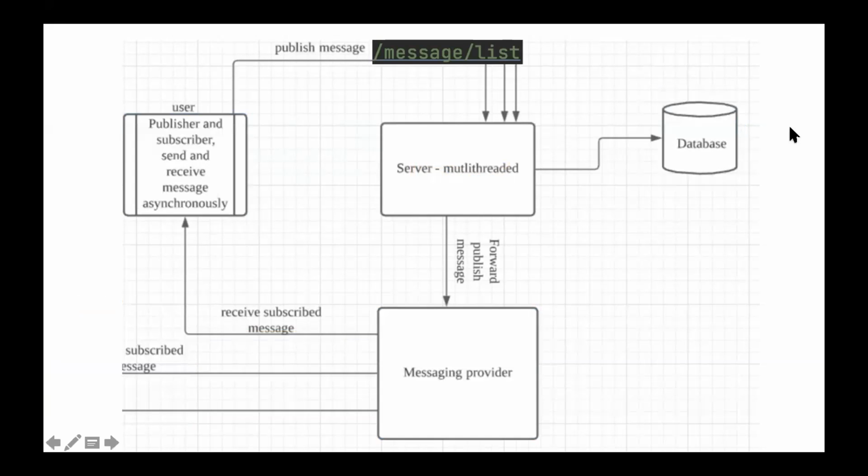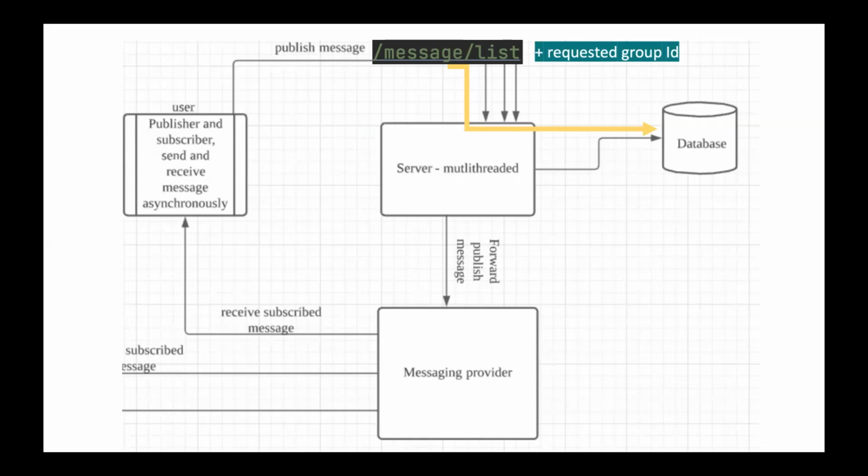The next one is list message. This function is called when someone clicks on the chat room. If they want to see the message history inside this chat room, they will call this function. When the server receives it, it has to be called with the requested group ID, which is the chat room they want to see the messages for.